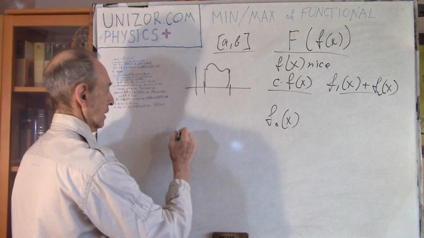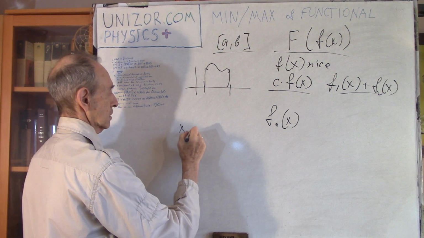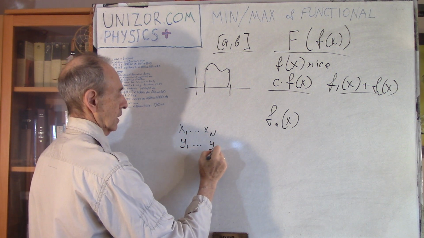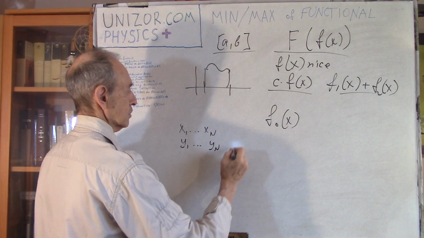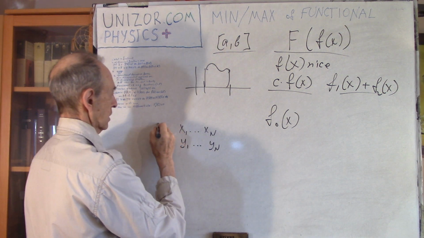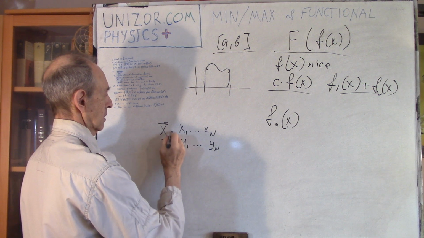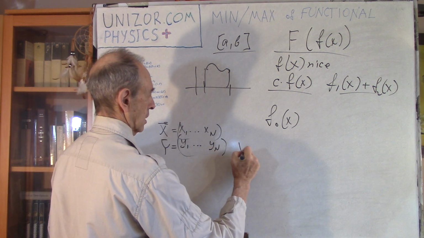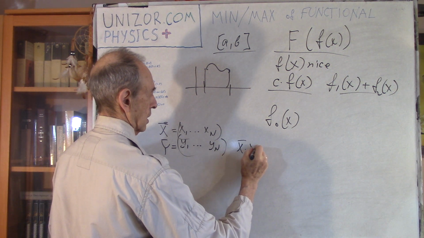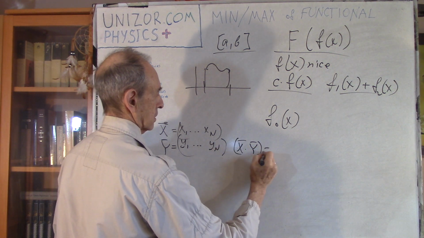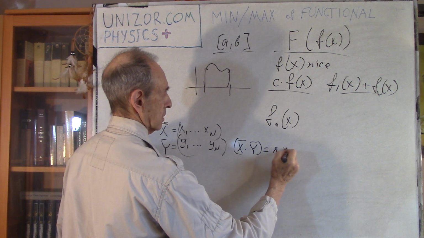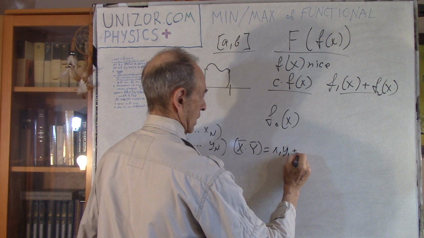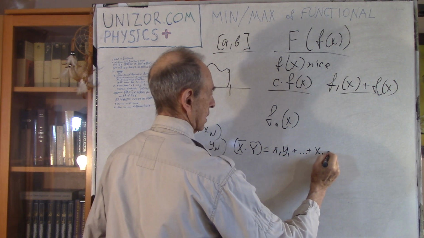Remember, in case you have two vectors, x1, xn, and y1, yn, we have a scalar product which is, this is vector x, this is vector y, and their scalar product, x times y, that's x1 times y1, plus etc. plus xn times yn.